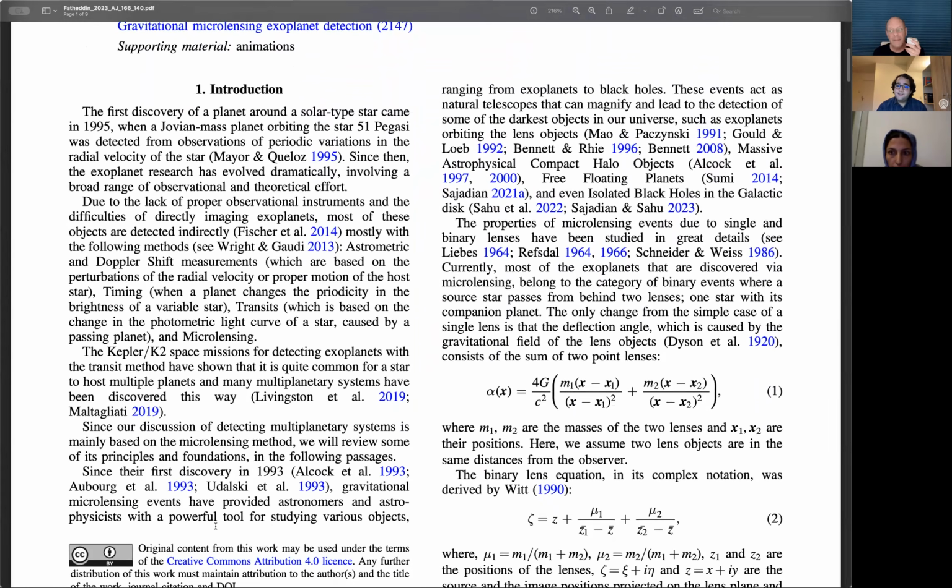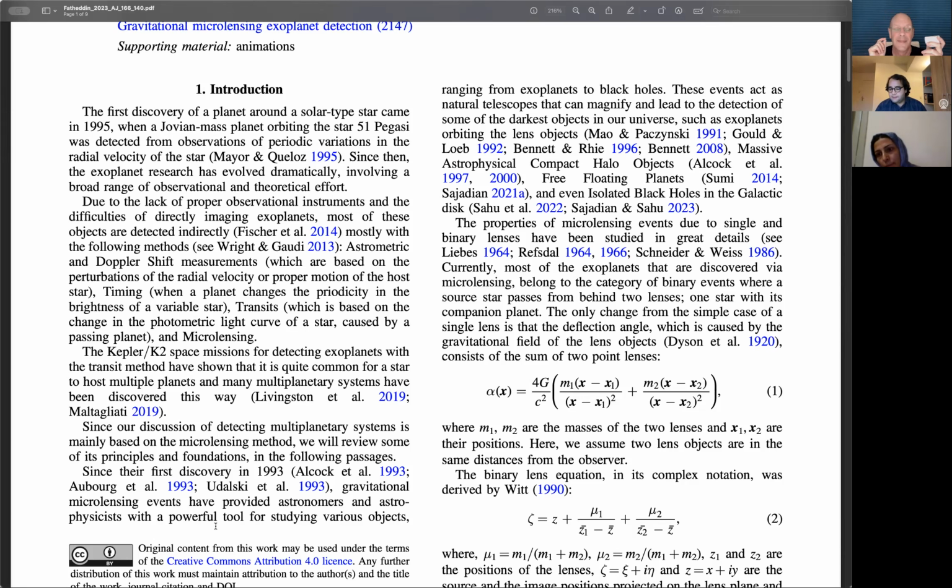But in the case of gravitational microlensing, we have only had about 200 exoplanets detected with the microlensing method. But with the transit photometry method, we have discovered until now about 860 multiplanetary systems out of the 3,900 total planetary systems.